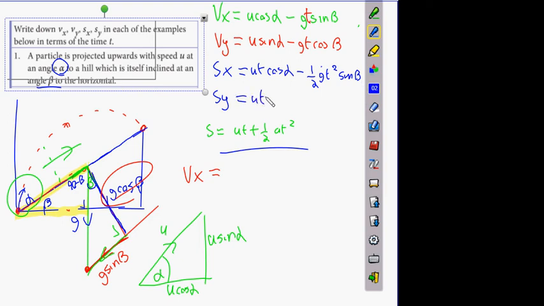It's going to be ut sine alpha, because that's the u value going in the y direction, and then minus a half gt squared. Which one is it this time? Cos, because cos is acting downwards. So cos b. And that there is your generic four equations, and you have to be able to make them every time. Is that right?